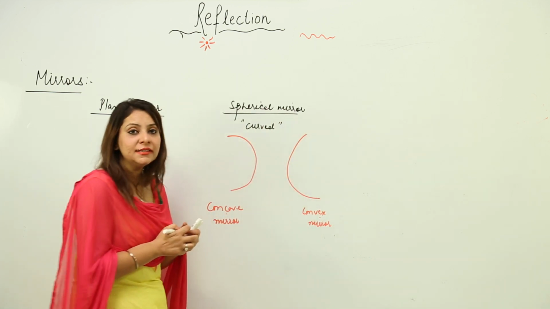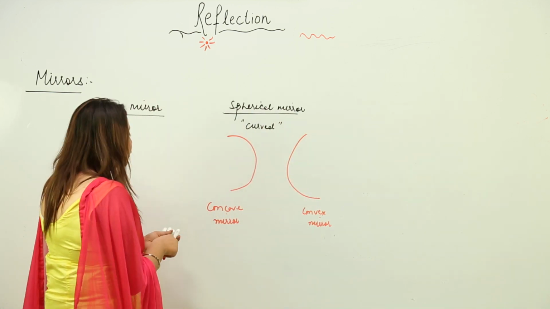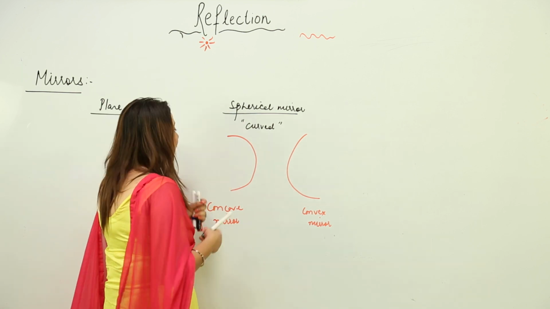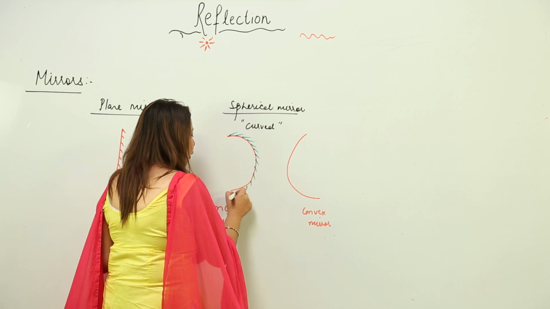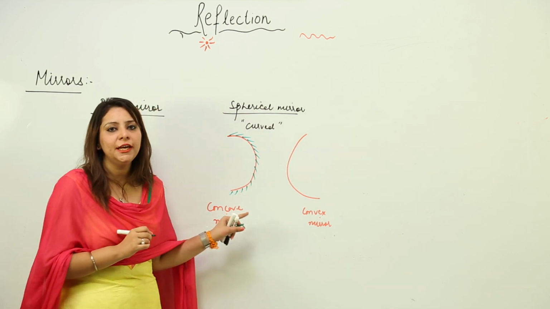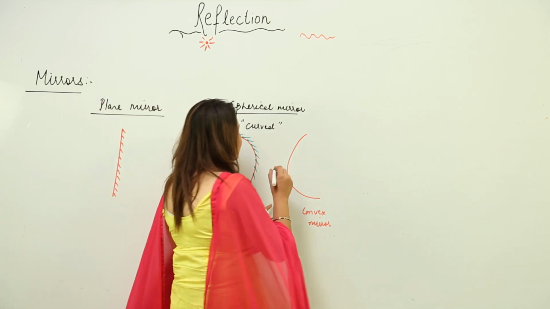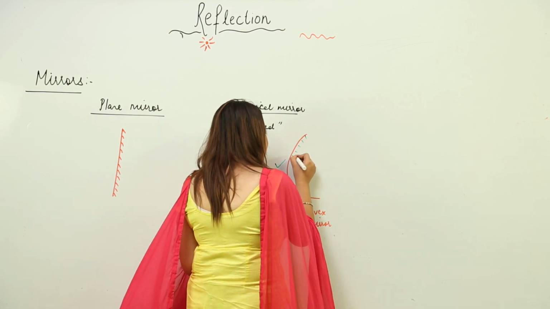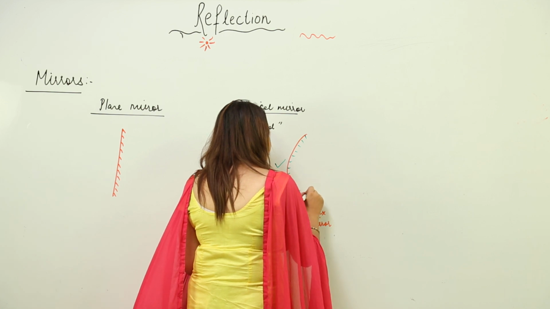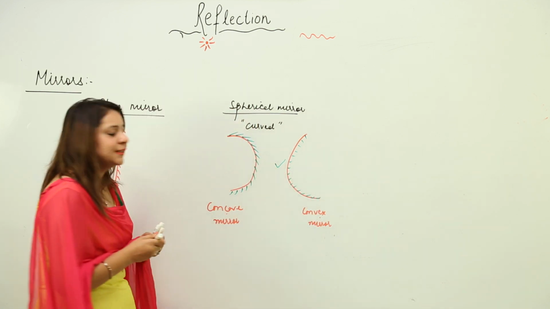The concave mirror is one in which the reflection occurs from the inner side, and the outer side is shiny and polished. So this is how you are going to draw a concave mirror. And convex is one where the reflection occurs from the outer side and the inner side is polished. So this is the convex mirror.